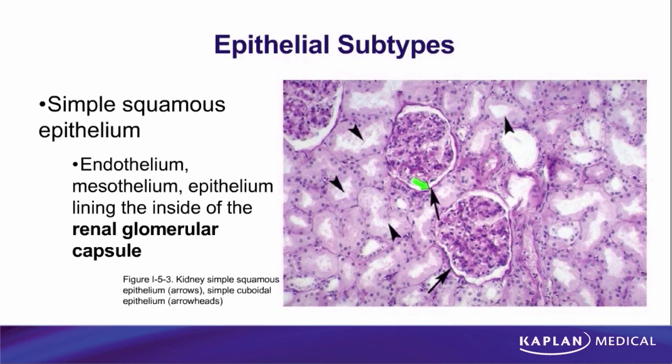We're going to see that in the alveoli of the lungs, where we want gas crossing from the airway into the blood system. So when we want stuff to get across that layer very easily, you want a very thin single layer of epithelium. So that's where you'll find simple squamous epithelium.